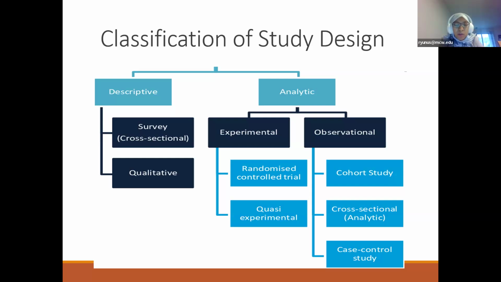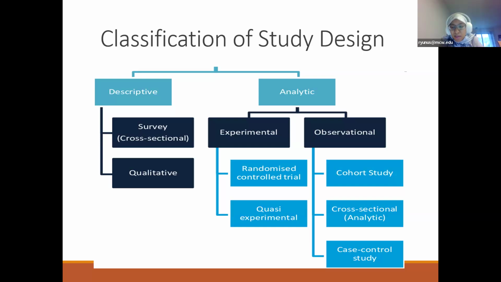Qualitative study can be categorized as a descriptive study design, and under analytic, which basically means that you're trying to find associations or some sort of correlations between your dependent and independent variable, you have experimental and observational.